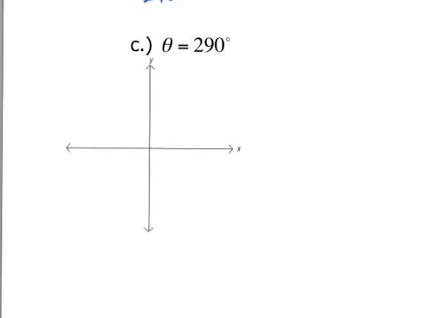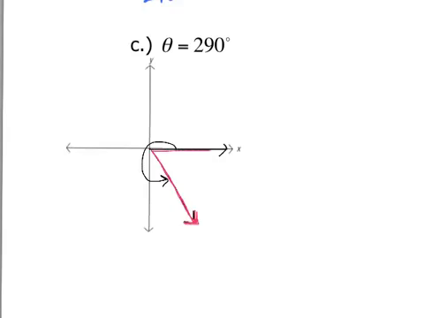So we have 290 degrees. Again, we're going to start our initial side on the x-axis. 290 would be, I don't know, right there about maybe. Okay, our reference angle is the terminal side and then the closest part of the x-axis, which is where? 360.